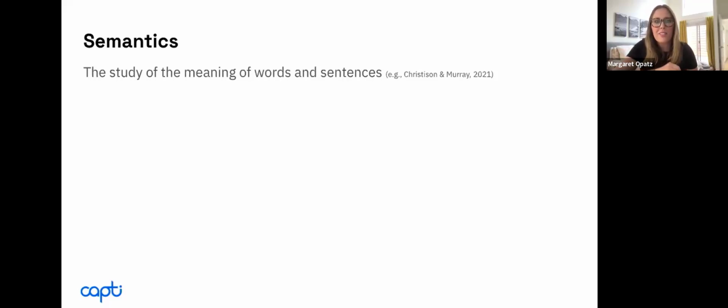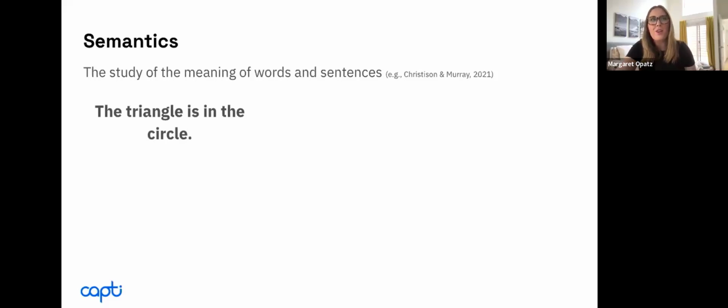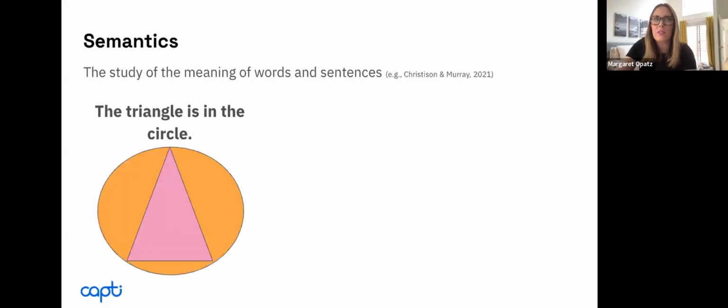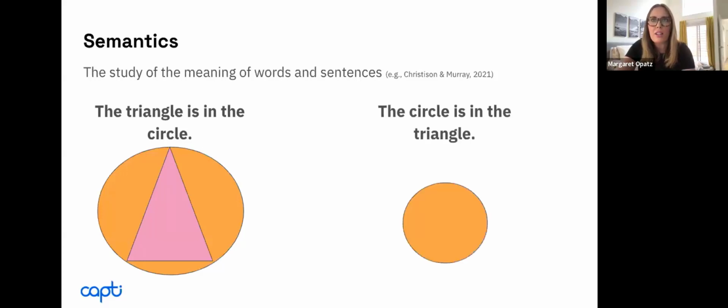So as we think about this, it's important to note that word order does matter, but the meaning is even more important. So I wanted to show you something that kind of illustrates that. If I say the triangle is in the circle, that would look like this. But then if I say the circle is in the triangle, the word order matters, but the meaning really carries the weight.